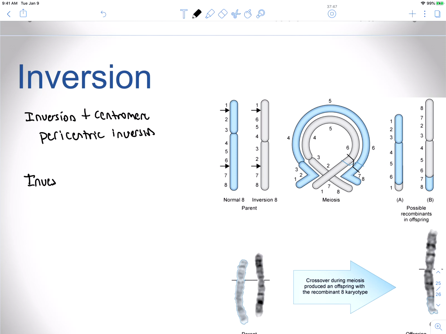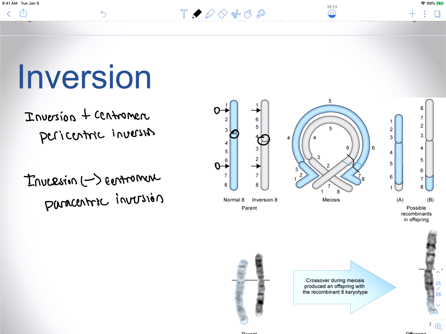An inversion without the centromere is a paracentric inversion. So again, for the pericentric, we're including our centromeres, so you're getting some cuts and then some flipping, but the centromeres are included.